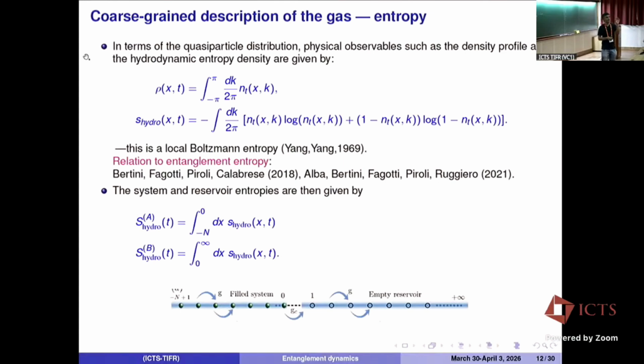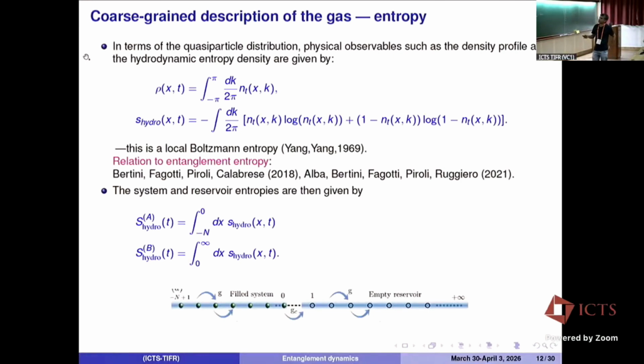If I ask what's the local Boltzmann entropy, then it's just minus n log n minus (1 minus n) log (1 minus n) integrated over k. So it's the local Boltzmann entropy at any place, and I can define this from my hydrodynamic theory. Right now it's not clear why this should be related to entanglement, but this is some entropy, and it has been studied in earlier work trying to understand entanglement entropy. And this is what we'll use.